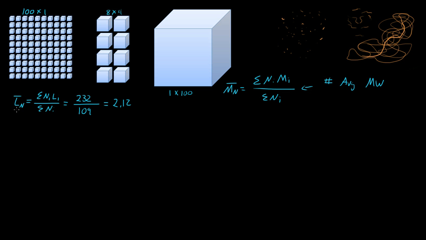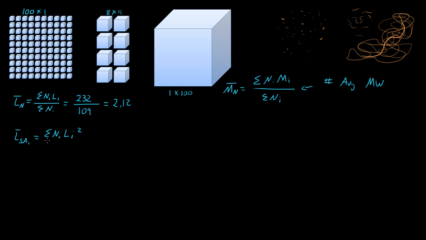Next, let's base it off of the surface area. So let's find the average length based off of the surface area of one side. That's just equal to the summation of Ni times the surface area. The surface area of a cube is just length Li squared.